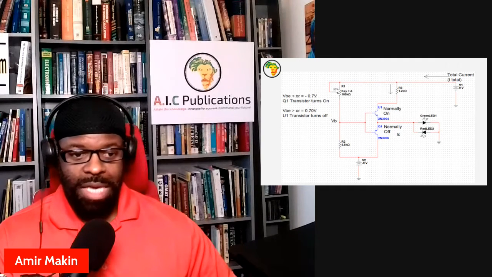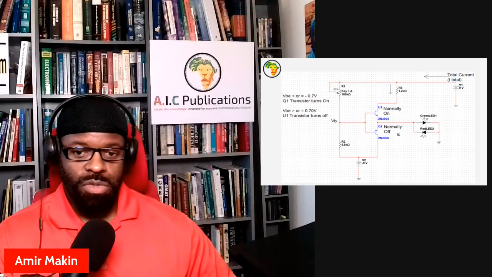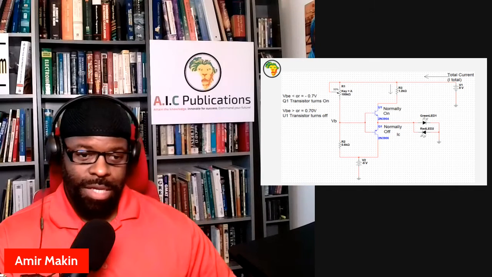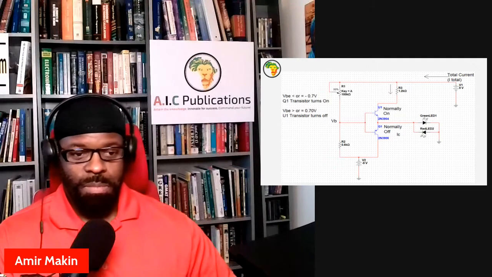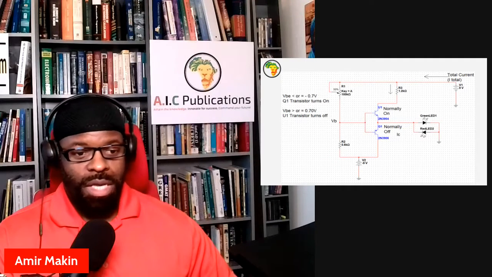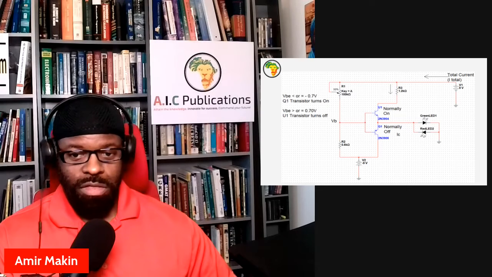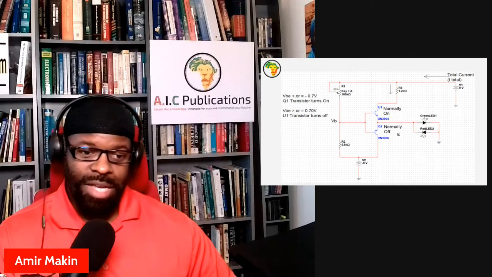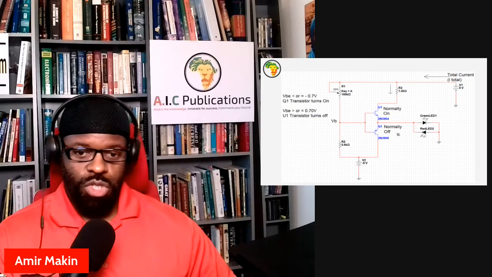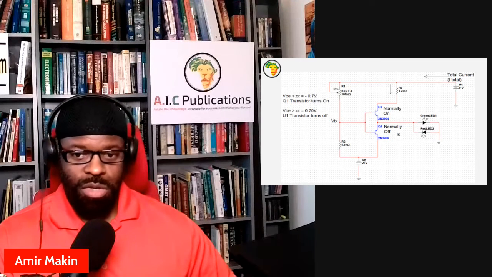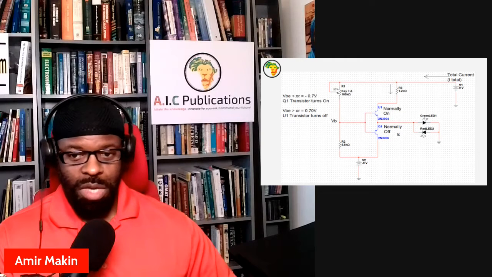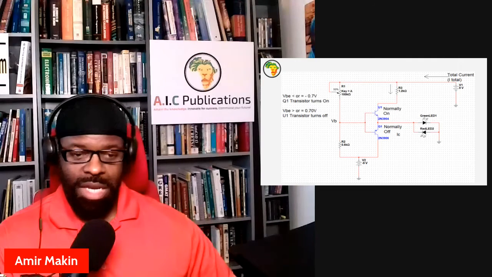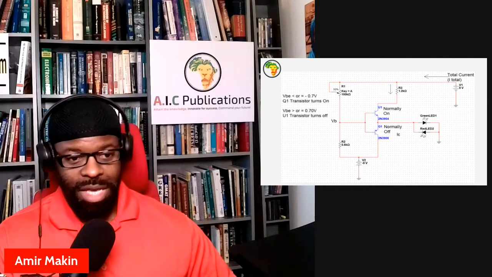However, with a PNP type transistor, not pointing in is an NPN, and pointing in with the arrow is a PNP. With a PNP transistor, the current flow is the exact opposite. So we need two power supplies, one that's a positive power supply, which we have here with a positive 9 volts, and one down here, which is a negative power supply, which is a negative 9 volts.